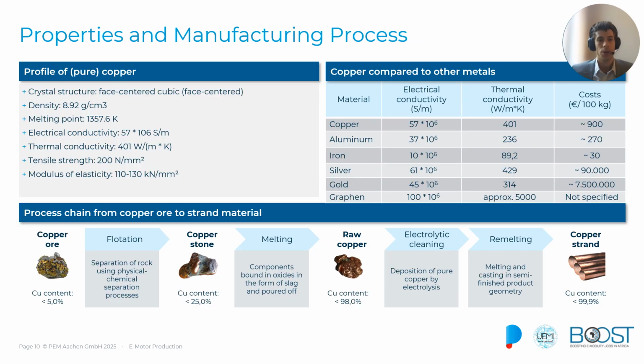This slide shows why we mainly use copper as conductor material. In terms of electrical conductivity, copper is only number 2 behind silver. But when we look at the costs per kilogram, copper is only a tenth of silver, which makes the choice pretty easy.